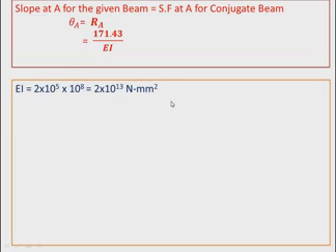Next, he has given the values of E and I. See here, E is 2 into 10 to the power 5 Newton per mm square and I is 10 to the power 8 mm raised to 4. If you multiply these two, you will get 2 into 10 to the power 13 Newton mm square. But you need to convert this into kilonewton meter square, because while calculating the bending moment we have taken load in kilonewton and distance in meter.